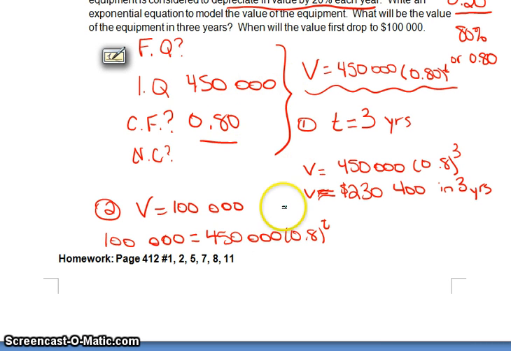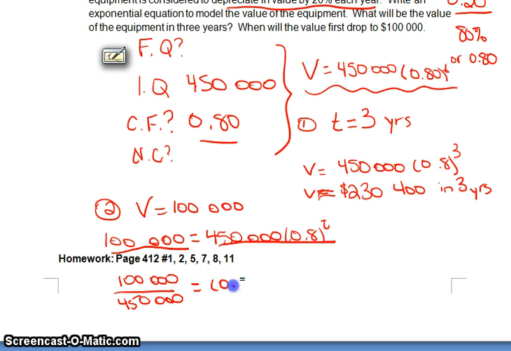And just like we did before, we're going to divide each side by this value here, so we can get 0.8 to the power of t by itself. So divide each side by 450,000, and what we would have is 100,000 divided by 450,000 is equal to 0.8 to the t.